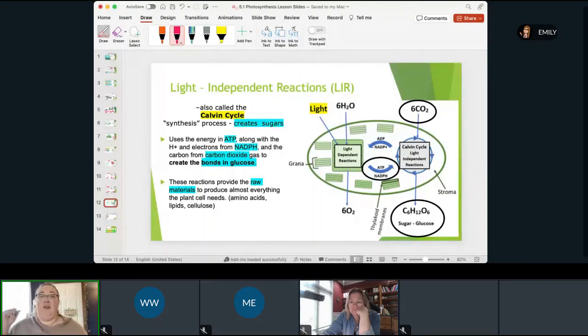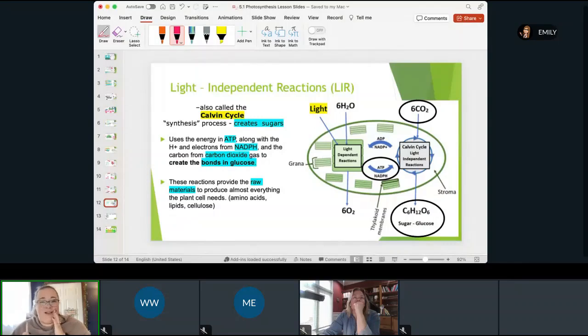Okay, so this process uses the energy from the ATP along with the hydrogen and electrons from the NADPH, and then the carbon from carbon dioxide. And all of that together is going to create the bonds that we see in this glucose molecule. So that's going to glue it all together, hold it all together, and build this ring sugar of glucose. Okay.